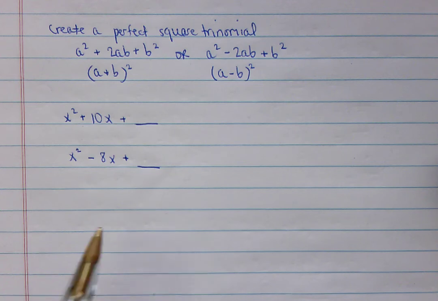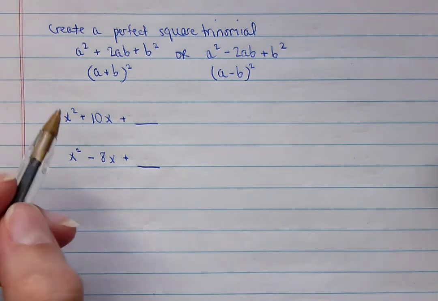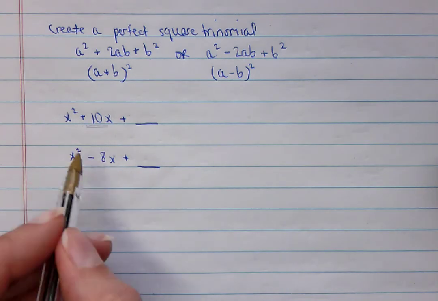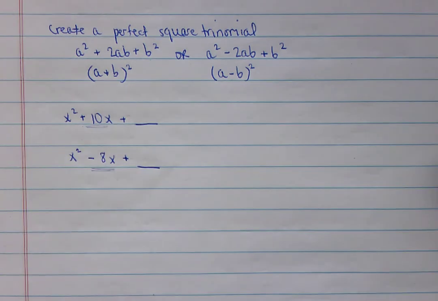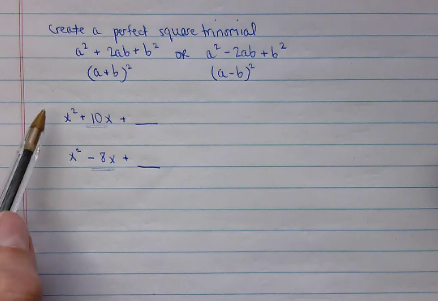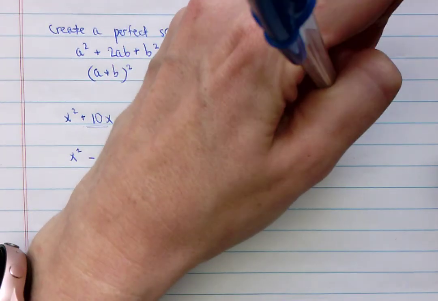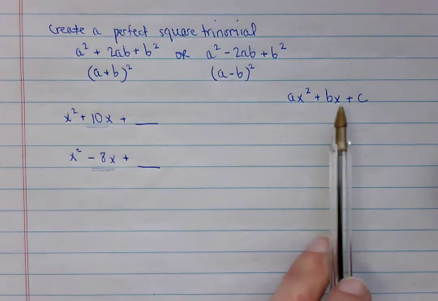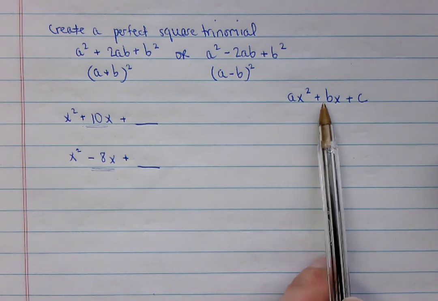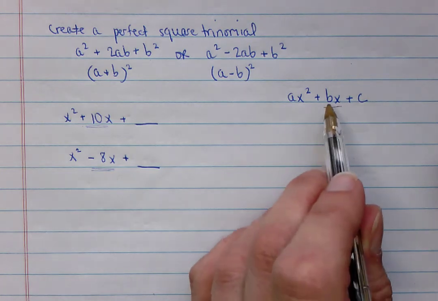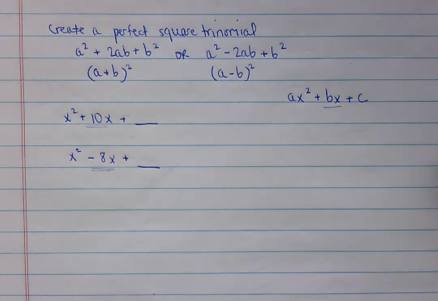And so what we need to do is look at this middle term right here. These are the middle terms, okay? Recall that in a quadratic you have ax squared plus bx plus c. So we're looking at the middle term, and that one has the b as the coefficient.